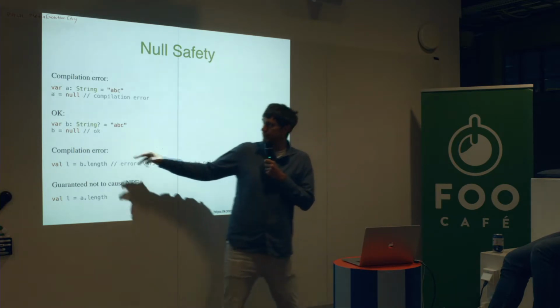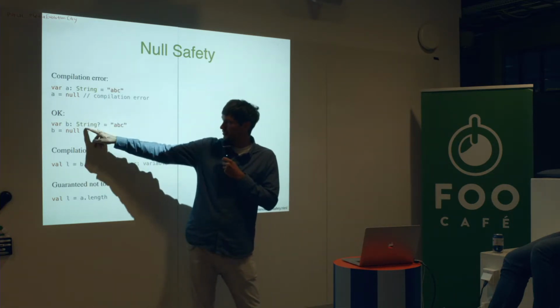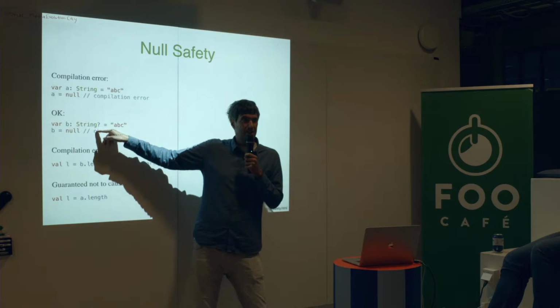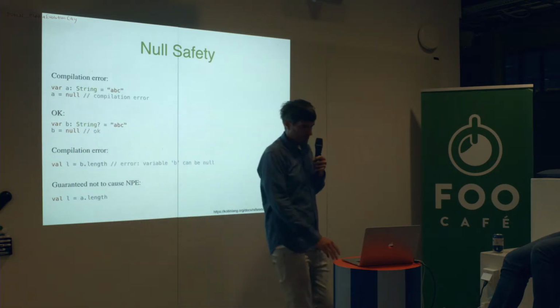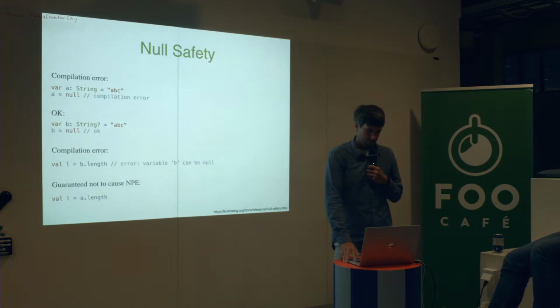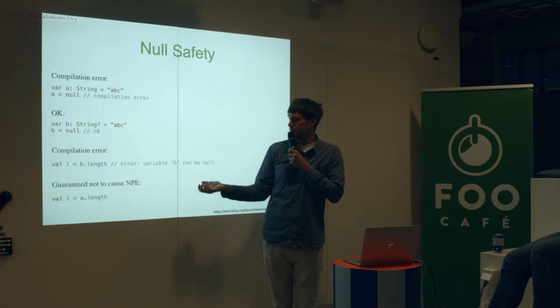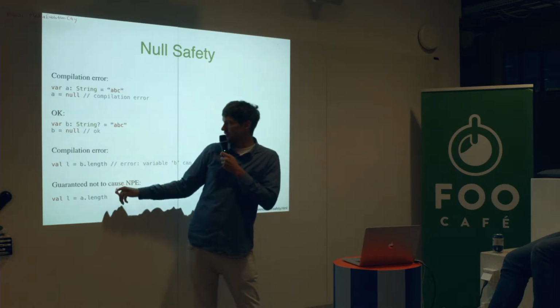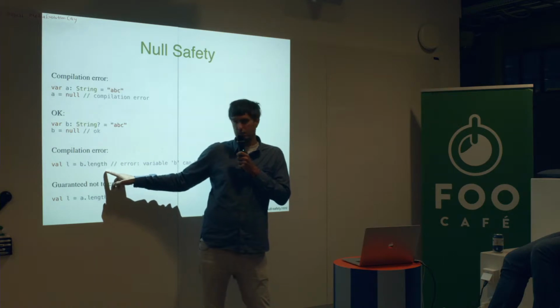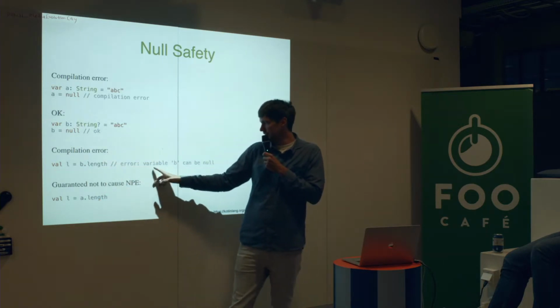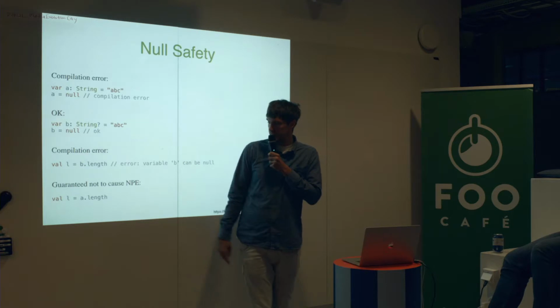And of course, you want to not have these question marks in most places. You want to just have the non-nullable types. And this is also really cool, because now the compiler can help you with stuff like this. You cannot do b.length, because you have to check if this is null first. Otherwise, you will also get an error.